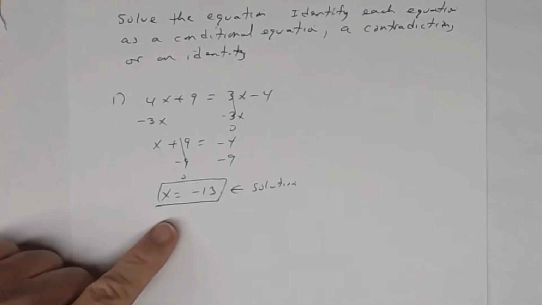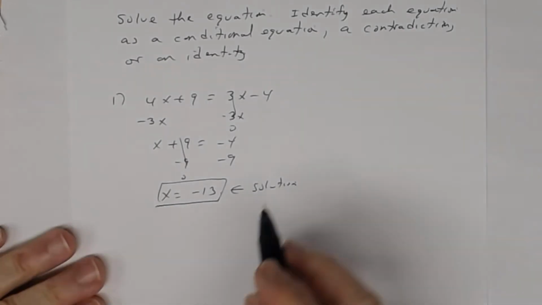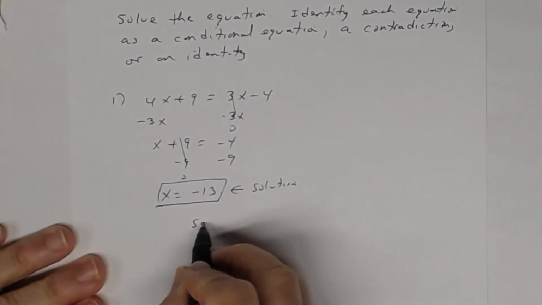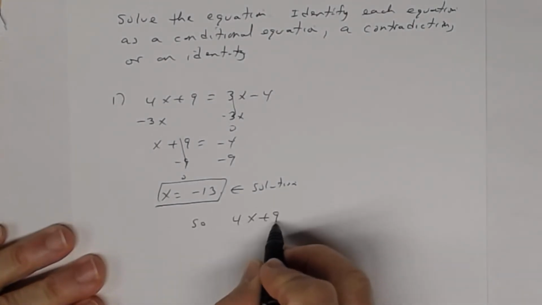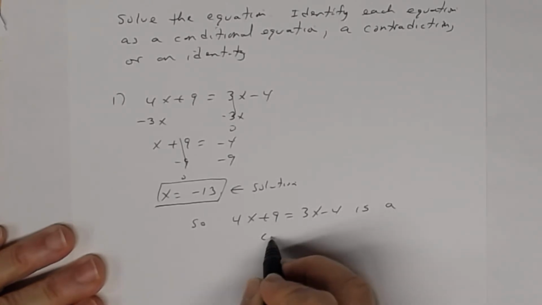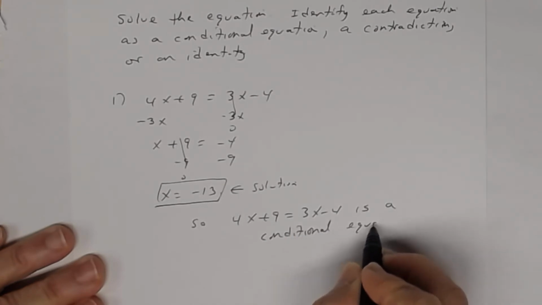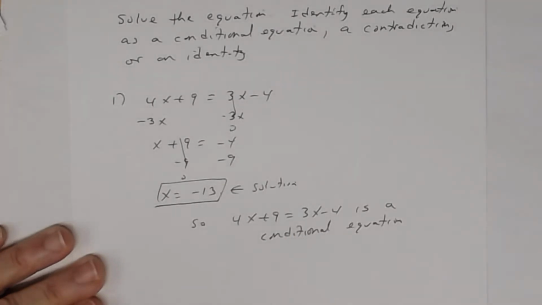So this equation is true only under the condition that x equals negative 13. So you would say 4x plus 9 equals 3x minus 4 is a conditional equation. All right, so that was number 1.